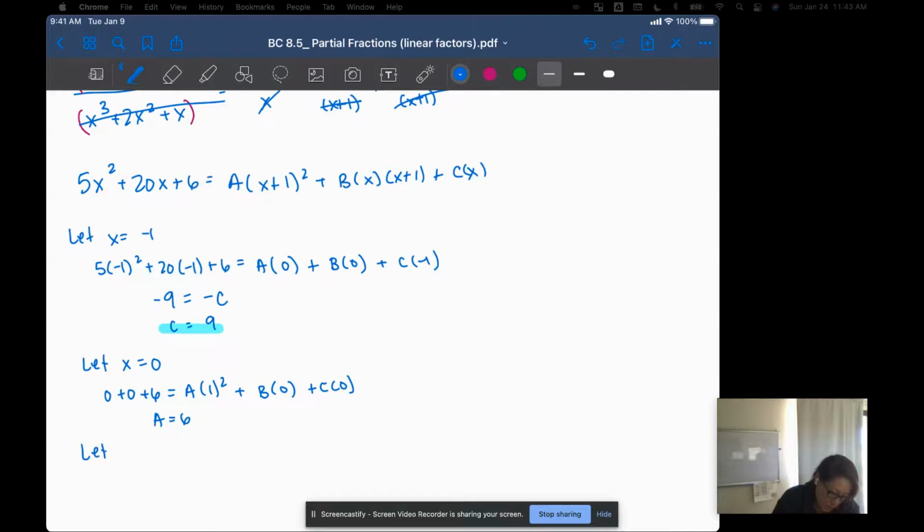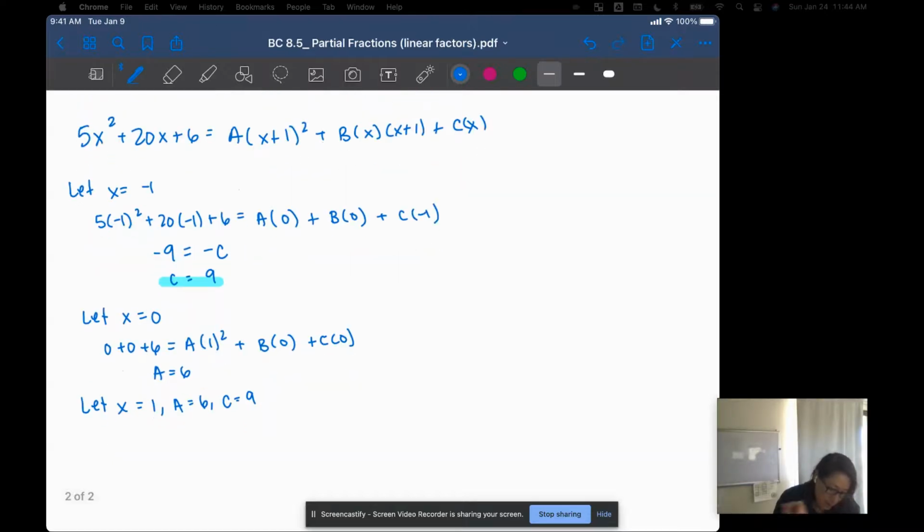Now you get to choose what value you want to let x equal. So I chose 1. And then remember that we're going to plug in a is equal to 6 and c is equal to 9, so that way b is our only variable.